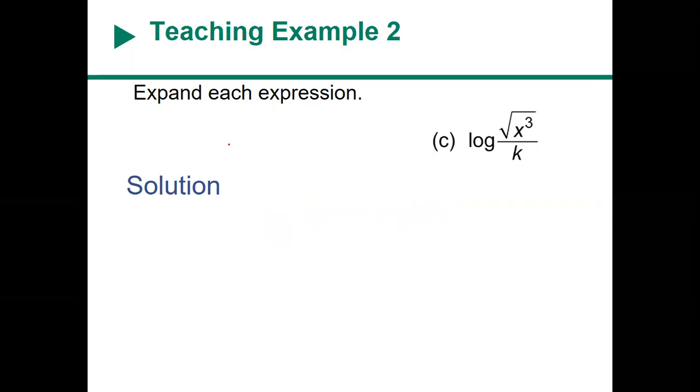Last one here. I have quotient and power all in one. How do I know it's power? Because of the cube root. So we're using quotient and power. First, we're going to rewrite it so that it's all power. So we have log of x to the 3 halves divided by k.